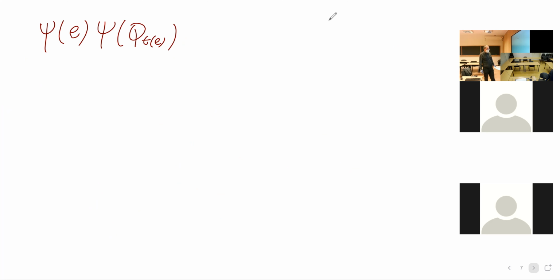But now E is in F, so this will be E plus E prime. It's really not so easy. Okay. And the psi of QTE, where TE is in Y. I have an impression that we, of course, computed it, but I don't remember the result.